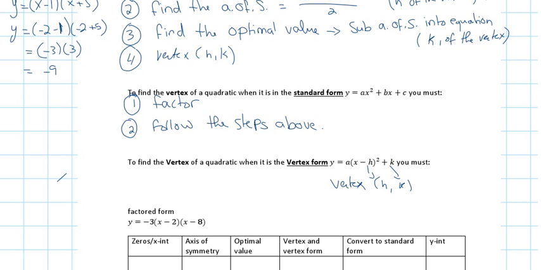Make sure you switch the sign here, and this one you keep the sign. So it all depends on what form it's in, then you're going to determine what steps to do.